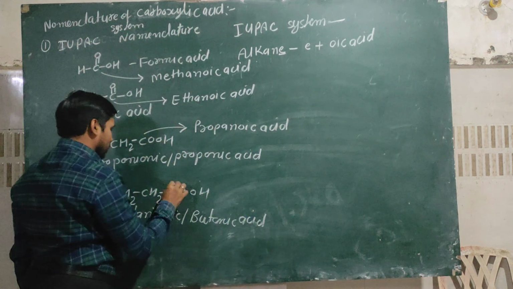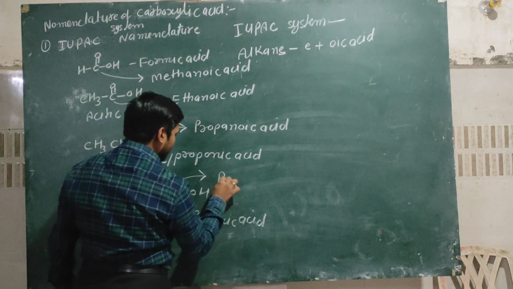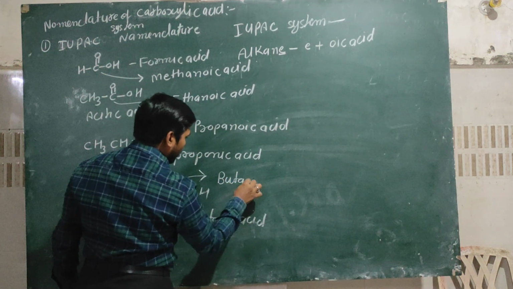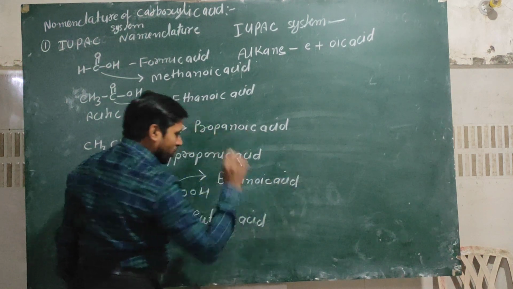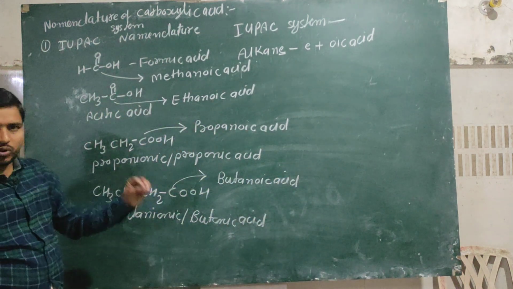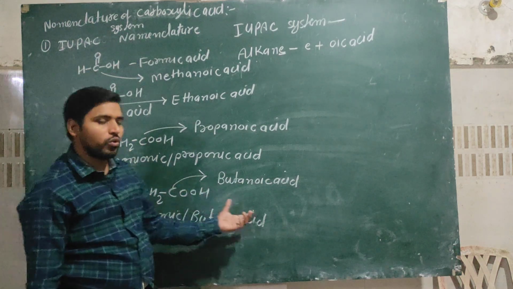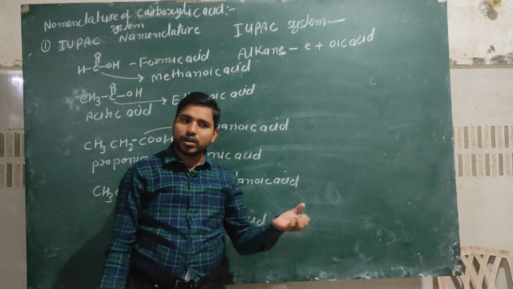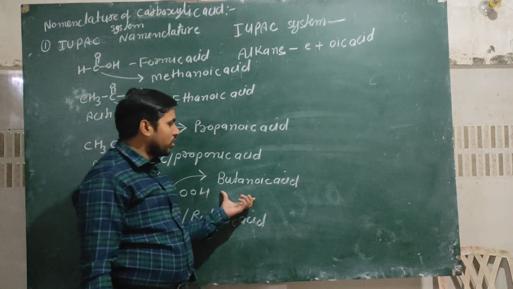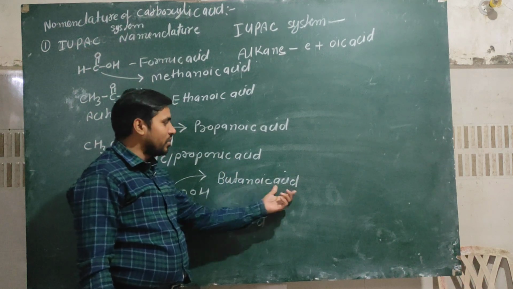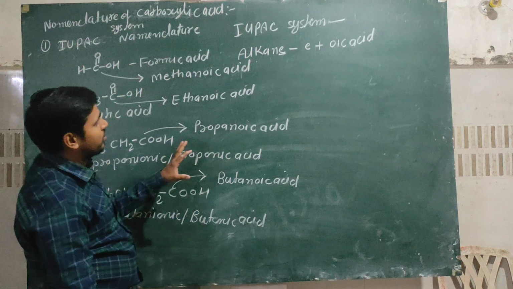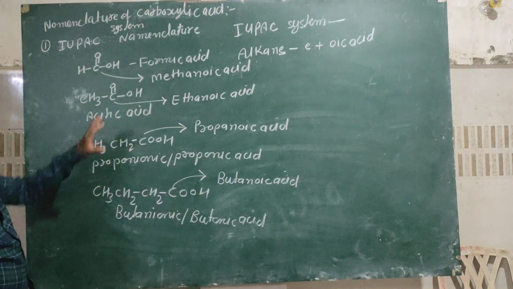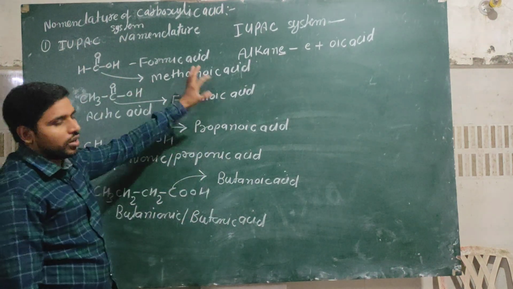Okay, and it contains 4 carbon atoms, thus butanoic acid. Okay, methanoic, ethanoic, propanoic, butanoic, pentanoic, hexanoic, heptanoic, octanoic, decanoic, and the word acid is added at the end of any carboxylic acid, then we can find out the IUPAC name of any carboxylic acid.